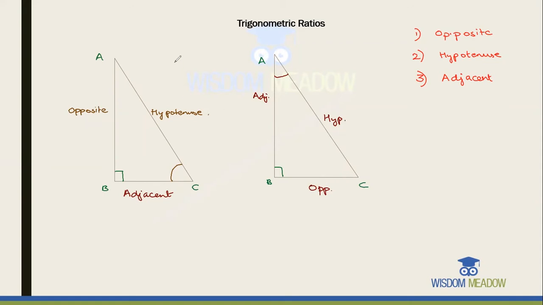Now, with these three sides, opposite, let me take it as O, adjacent A, and hypotenuse H, you can have different combinations of ratios. That is, you can have O by H, H by O, A by H, H by A, O by A, and A by O. And these 6 different ratios, you are giving mathematical names to it.